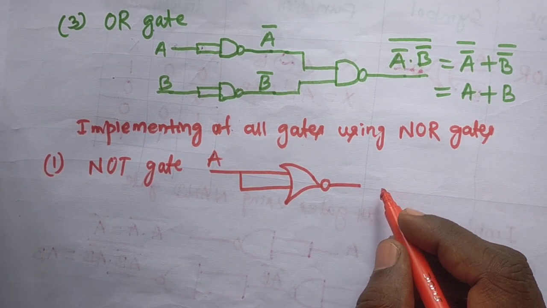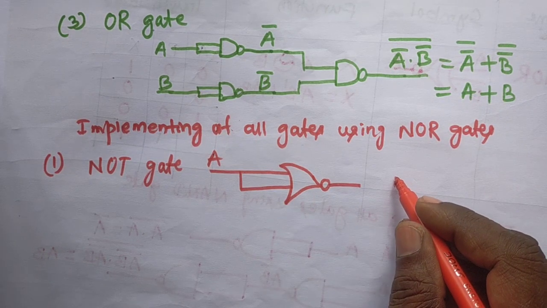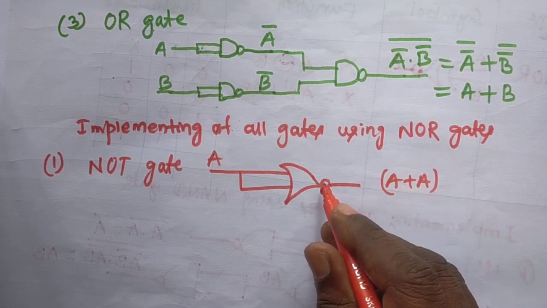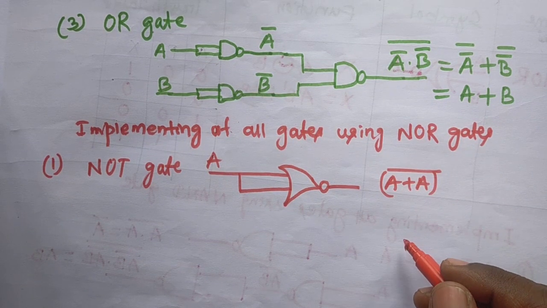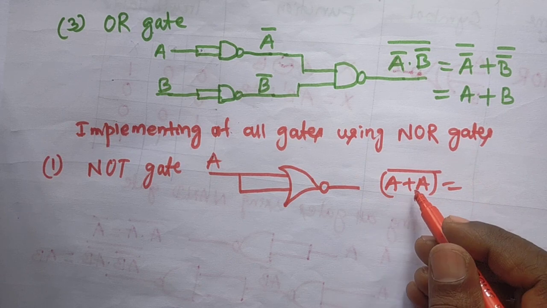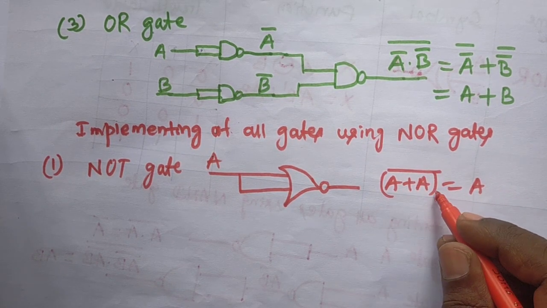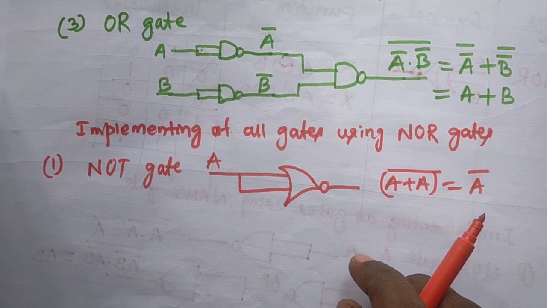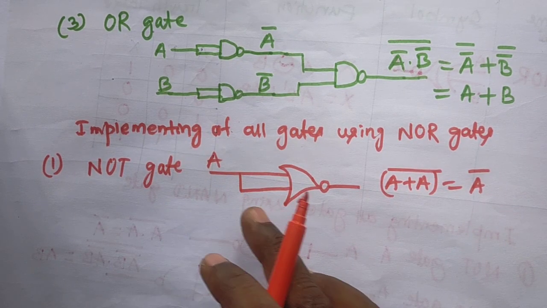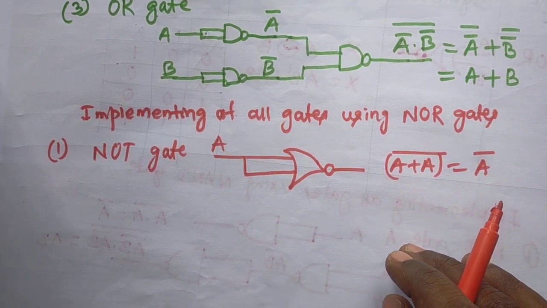That means here A plus A, then not, that is complement of that. A plus A means A. Okay, A plus A means A, that is A complement. So NOT gate we define in this way, NOT gate means A complement.